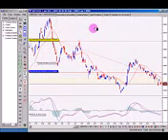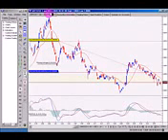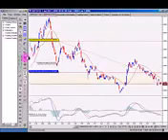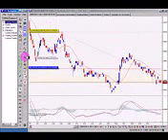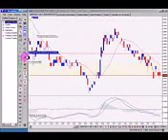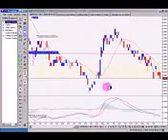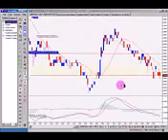Well, it's continuing to go in our direction. We're now £30 up. What I'll do is just expand the chart to give you a closer look at what we're doing, and you can see the direction is still going down.